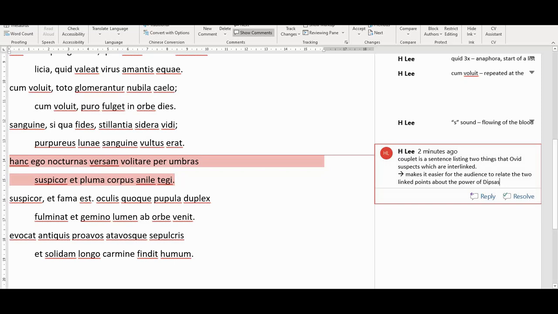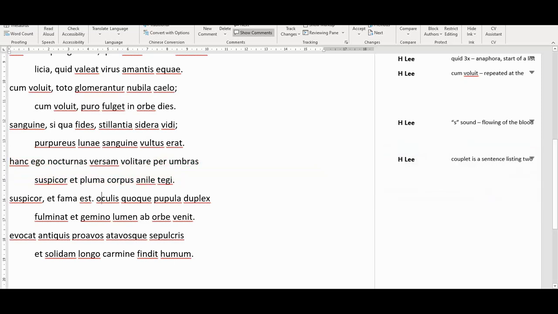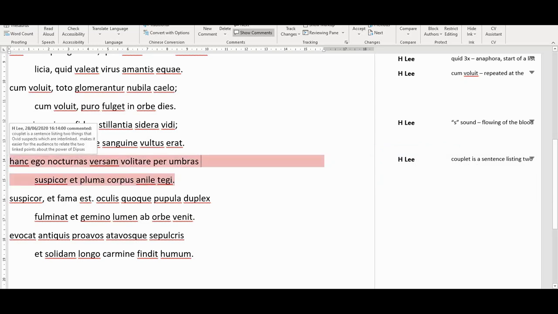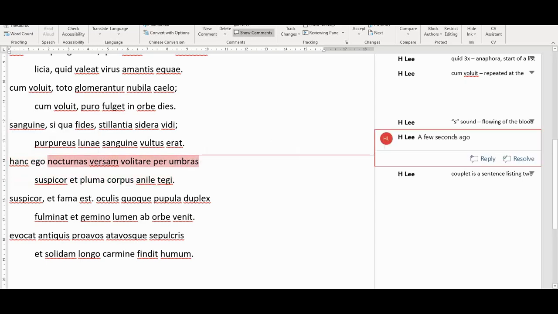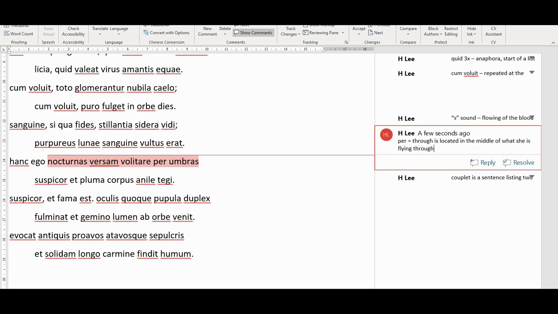Okay, now by this point there's one more point about this, which is the fact that the word through, like to literally go through the nocturnas umbras, the word through, per, equals through, is located in the middle of what she is flying through.